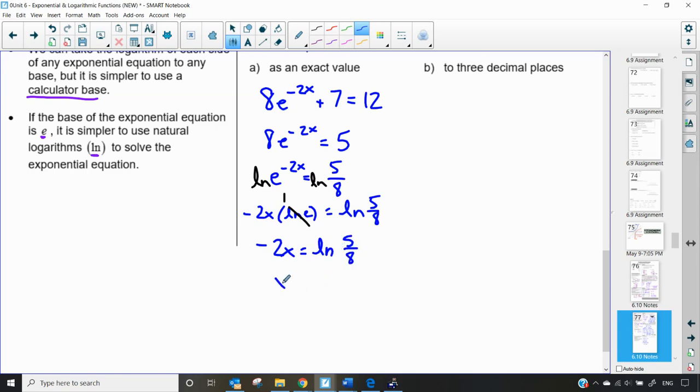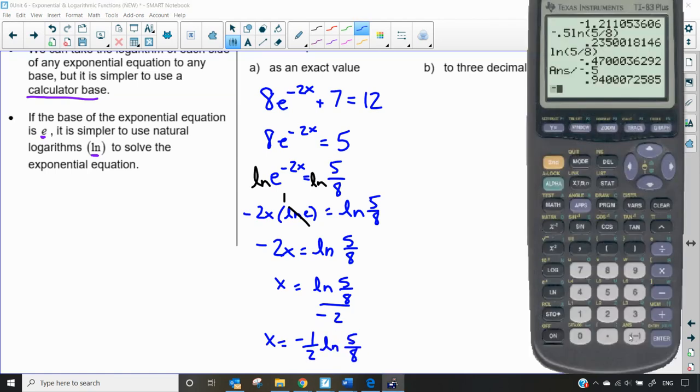So to get x by itself, it's going to be ln of 5/8 divided by negative 2, or rewriting that, we have negative 1/2 ln 5/8. So we put these in our calculator, we get negative 0.5 ln of 5 divided by 8.